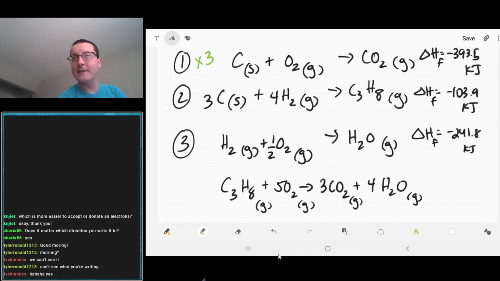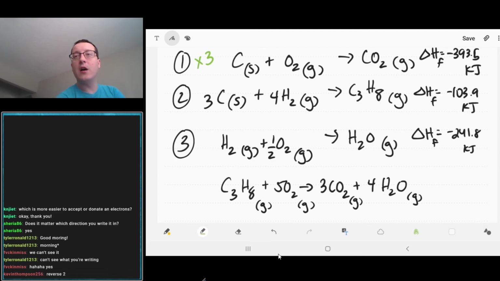Everyone see why that is? We'll need 3 of those to make sure that we produce it. Okay, and look, Kevin's already gone ahead. Yes, and so we see that here propane is a product on the other one, so we will reverse this one. And then the last one, we will need to multiply by 4.